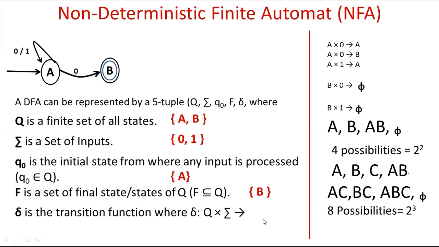So we can say like this. If we have n states, we have 2 power n possibilities. So here delta is the transition function that maps Q cross sigma to 2 power Q, where Q is the number of states. So this is the formal definition we could give to the non-deterministic finite automata.